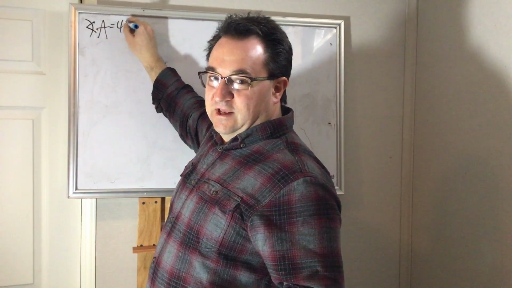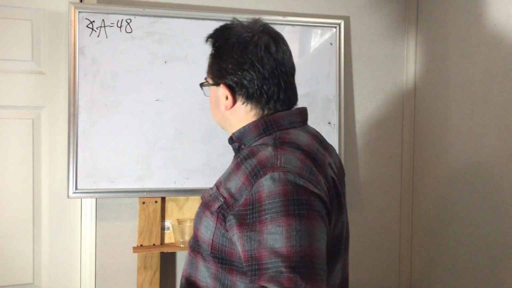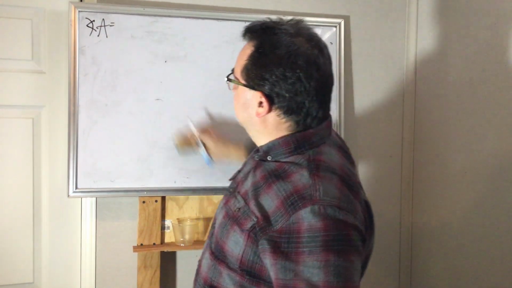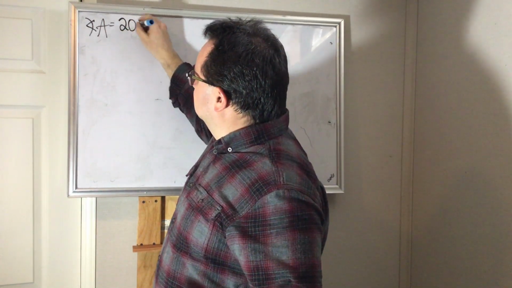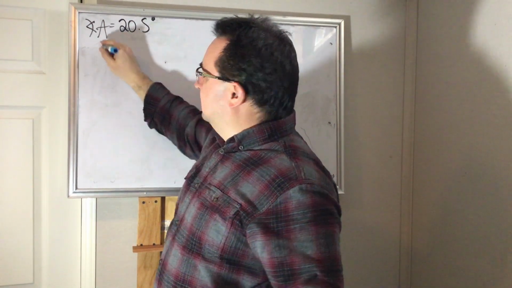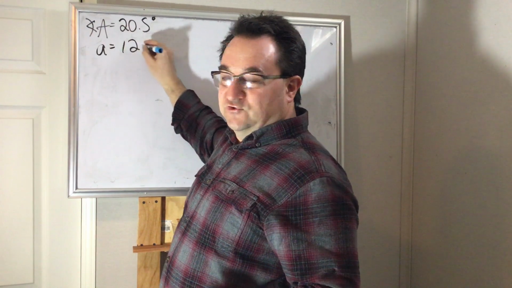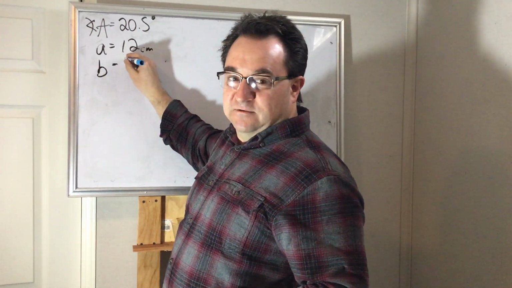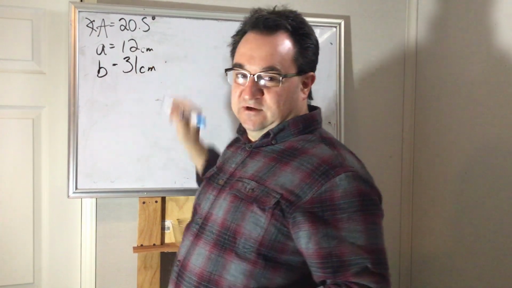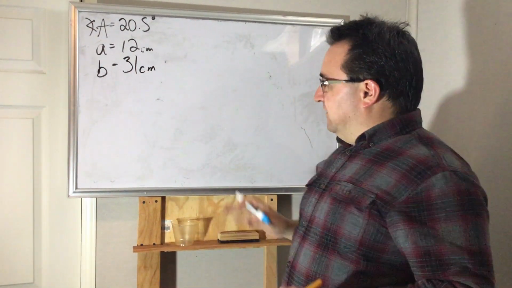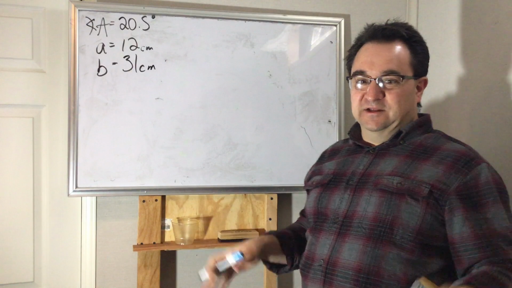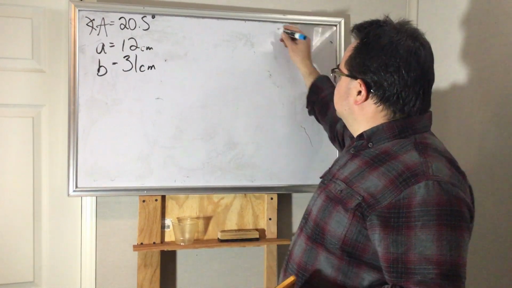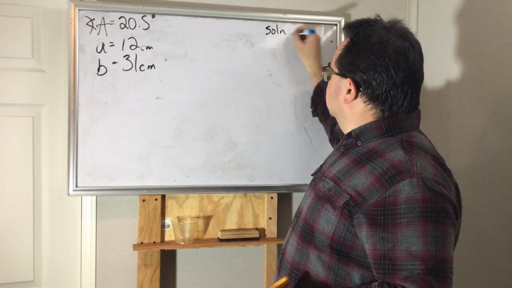Angle A is 48. Nope, that's what I just did. 20.5. Side A is 12. Let's say centimeters this time. Side B is 31 centimeters. Now this one, we're expecting to get two solutions, so I'm going to set it up over here for solutions.